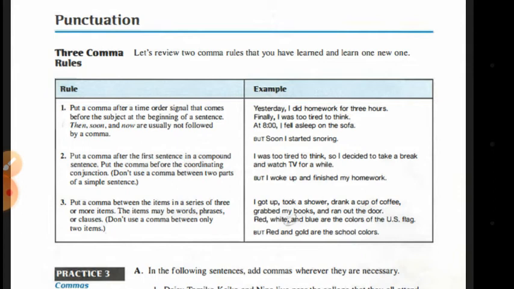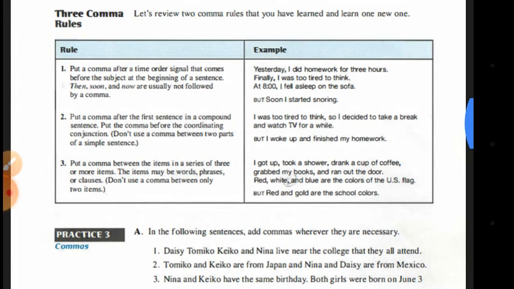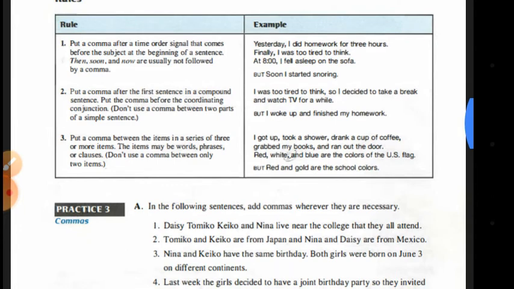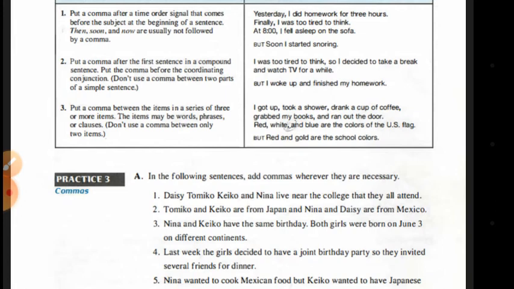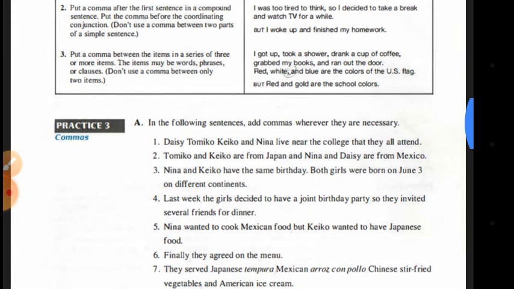Rule 2: put a comma after the first sentence in a combined sentence joined with so, and, and so on. Rule 3: put a comma between items in a series of 3 or more items, with a comma and then and. For example: I got up, took a shower, drank a cup of coffee, and grabbed my bag.